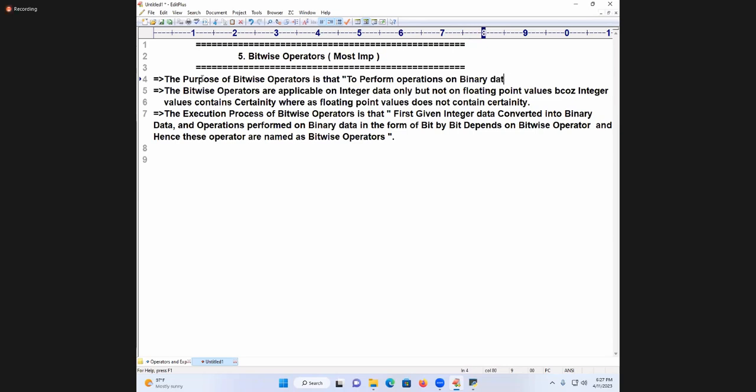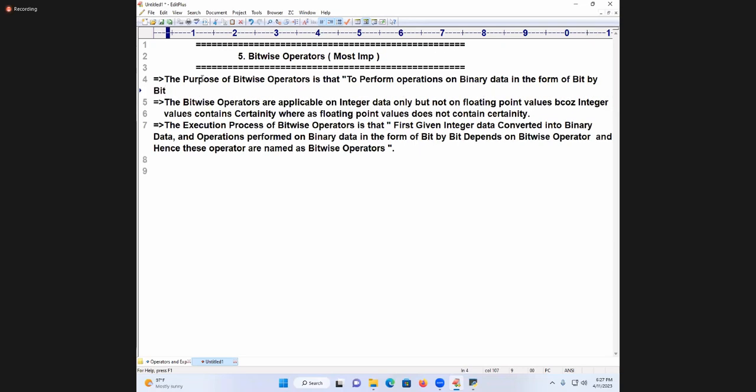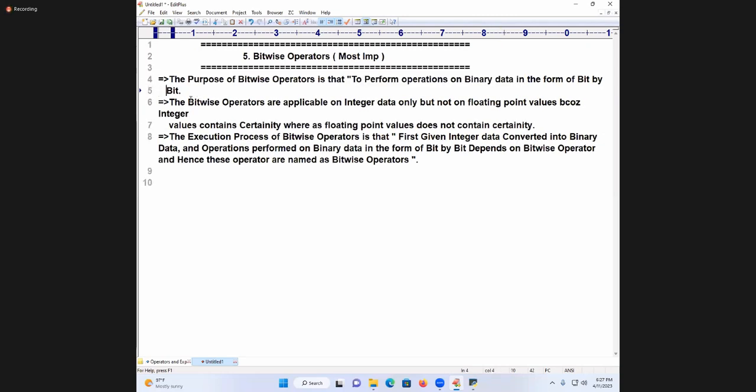Binary data in the form of what? Bit by bit. How these operations will be done, I am going to show. The purpose of bitwise operators is to perform operations on binary data in the form of bit by bit.